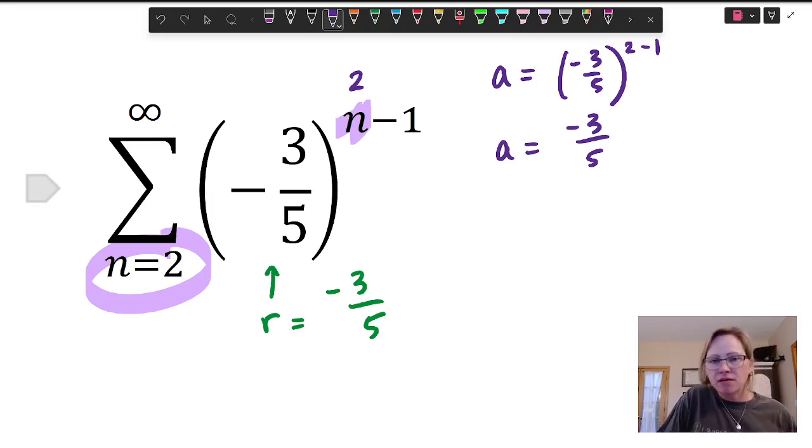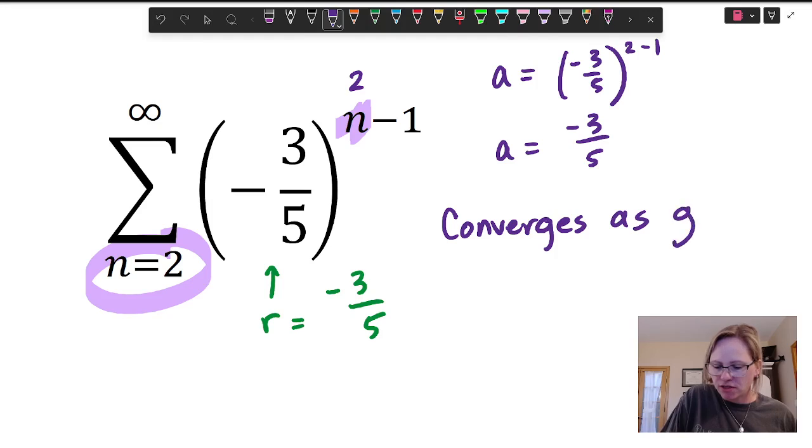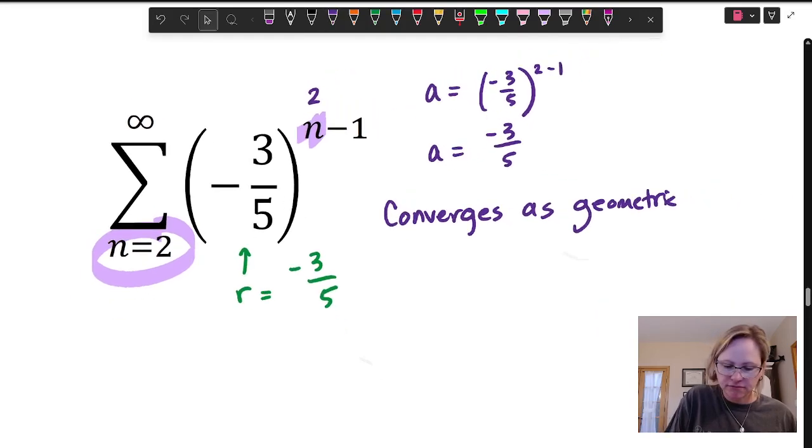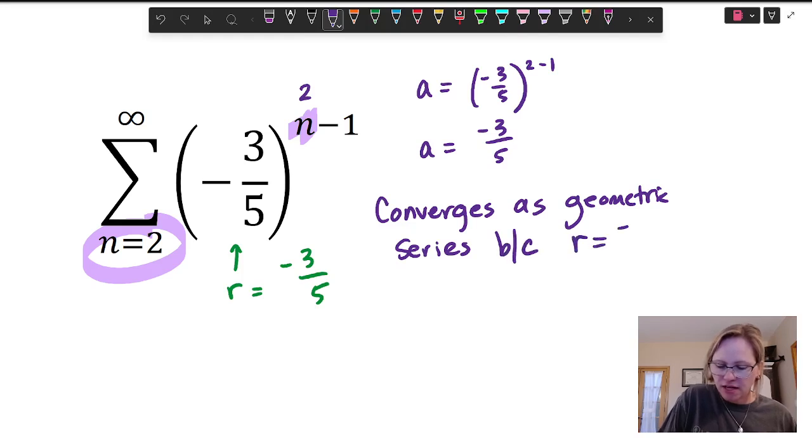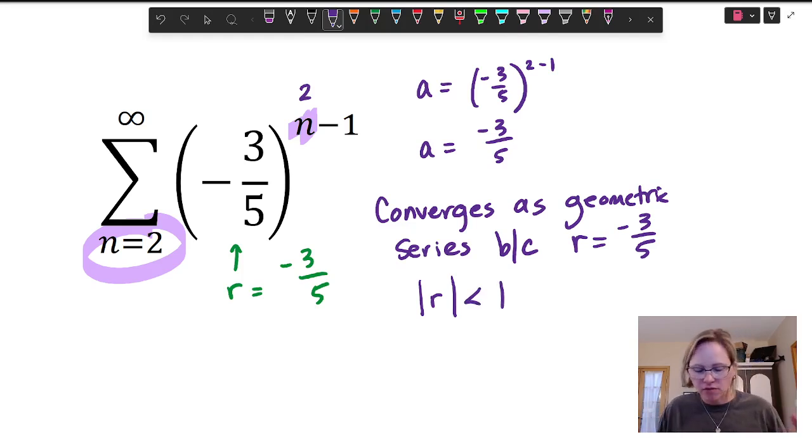So I'm going to state my convergence. I'm going to say that this converges as a geometric series, because r is -3/5. And here, because it's negative, I'm just going to be a little more careful. I'm going to say the absolute value of r is less than 1, because the absolute value takes care of that negative sign for me.